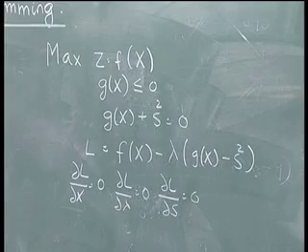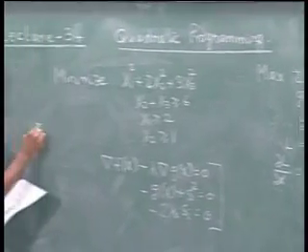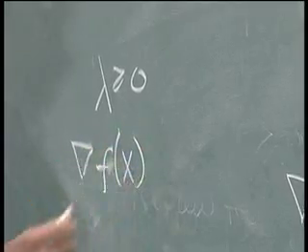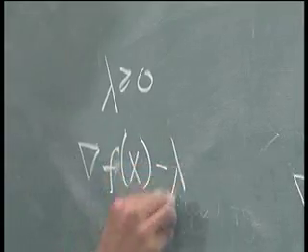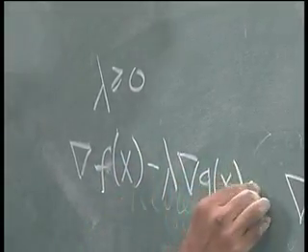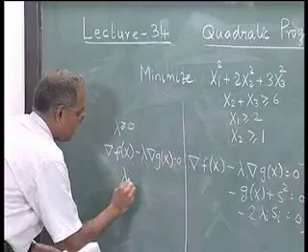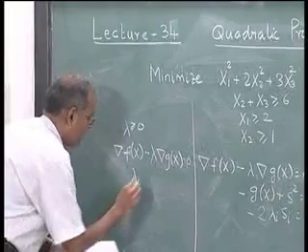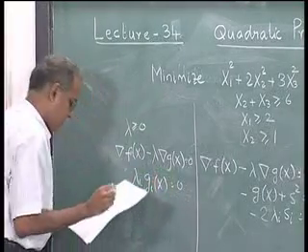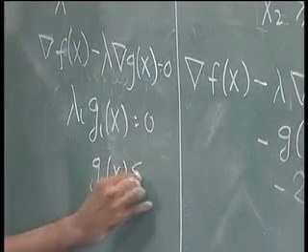Now, we can always write this as lambda greater than or equal to 0, del f x minus lambda del g x equal to 0. Let me write this, lambda I g I of x equal to 0 and g I of x less than or equal to 0.